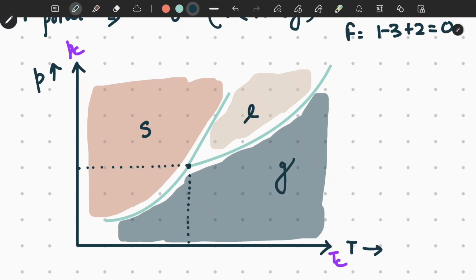This value will not be the same as for water.